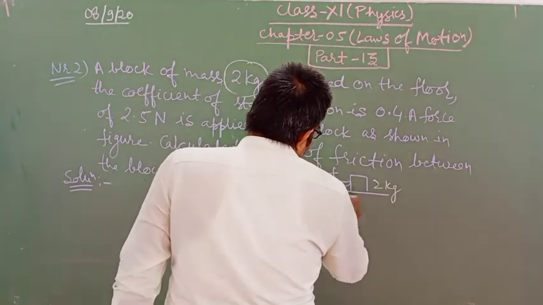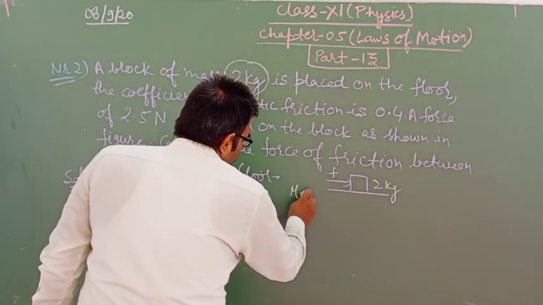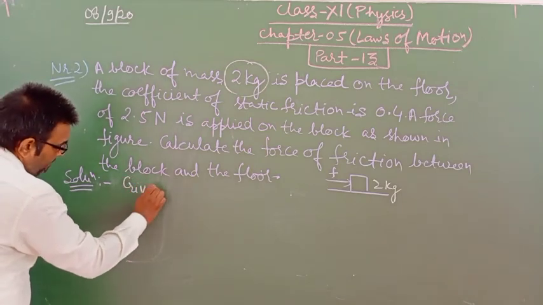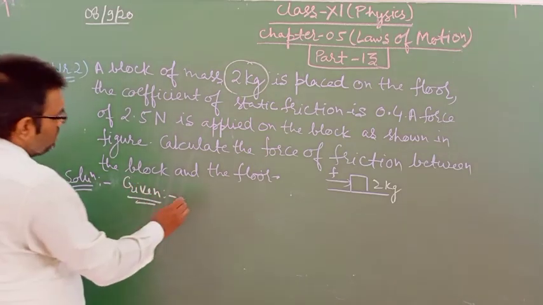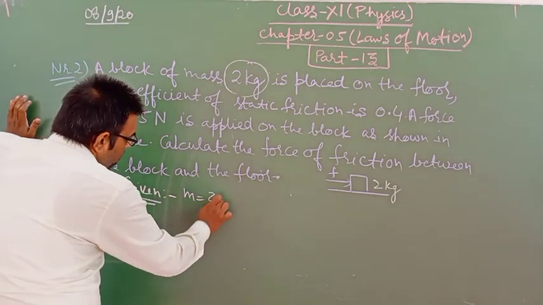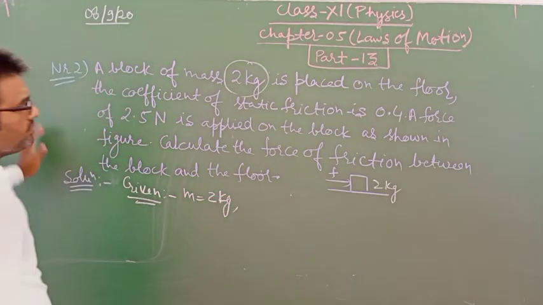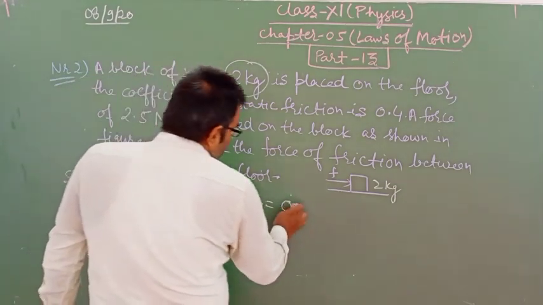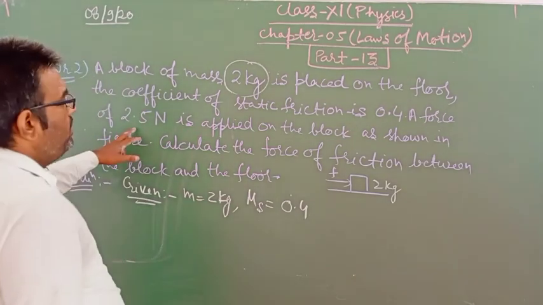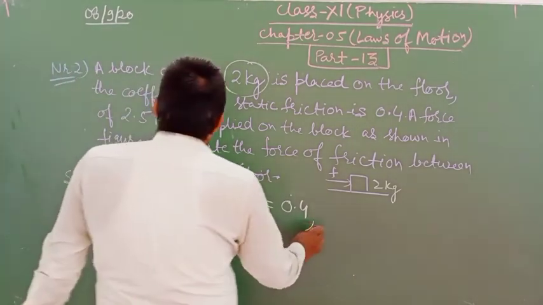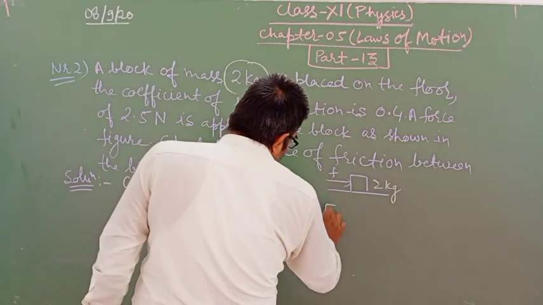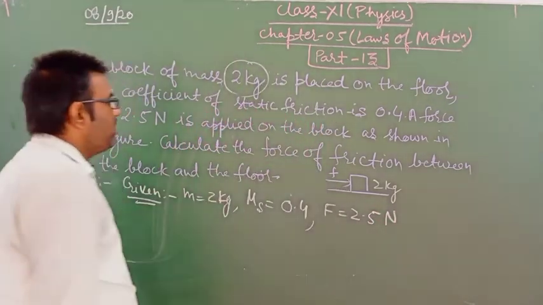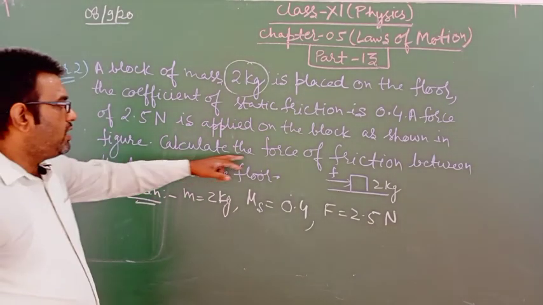The mass m is equal to 2 kg, and mu s, the coefficient of static friction, is given as 0.4. A force of 2.5 Newton, the applied force for the movement of the block, is applied on the block as shown in the figure. Calculate the friction.